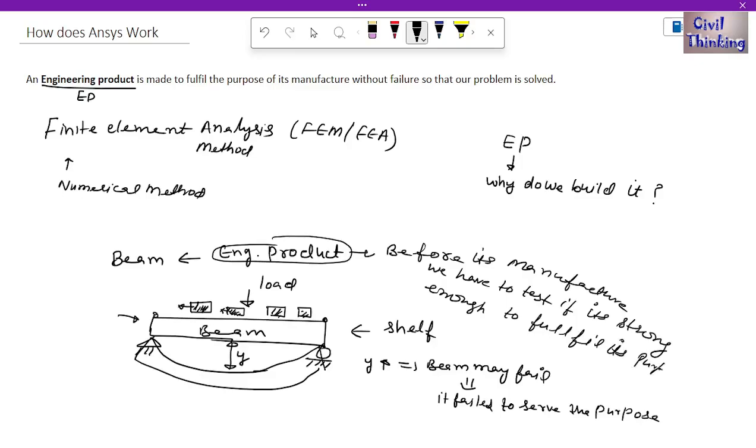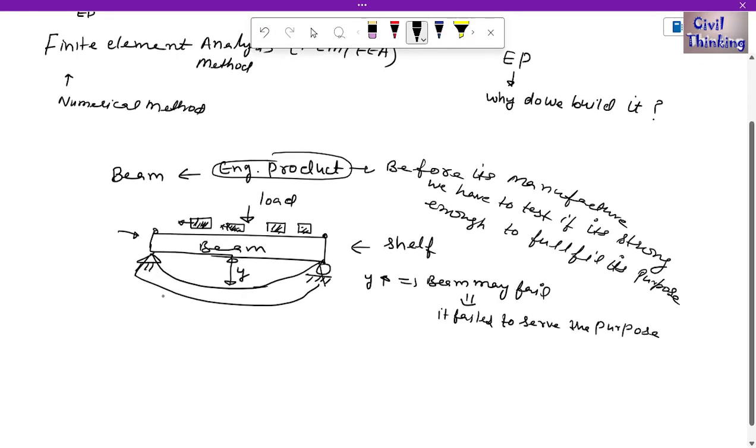We need to know if this engineering product is okay to fulfill our purpose or not. Based on our requirements we will design it. So first of all we have to test it virtually and see if it fulfills the purpose, if it does not fail.